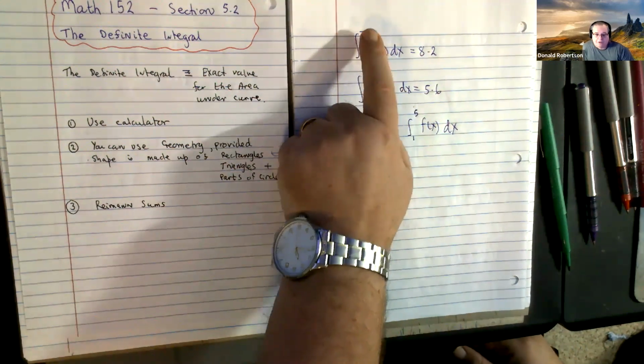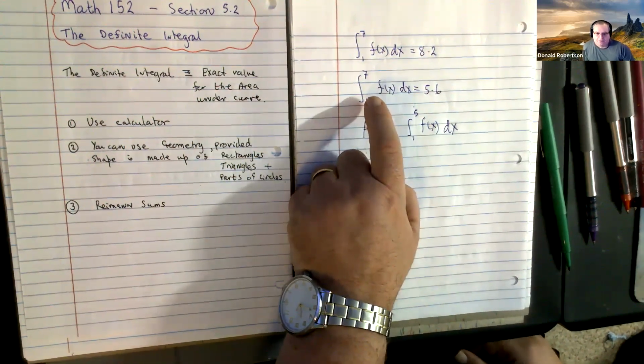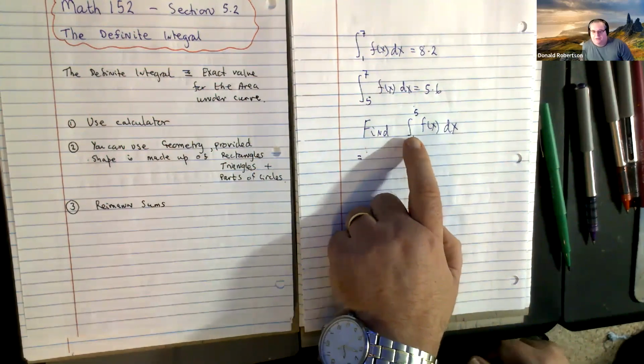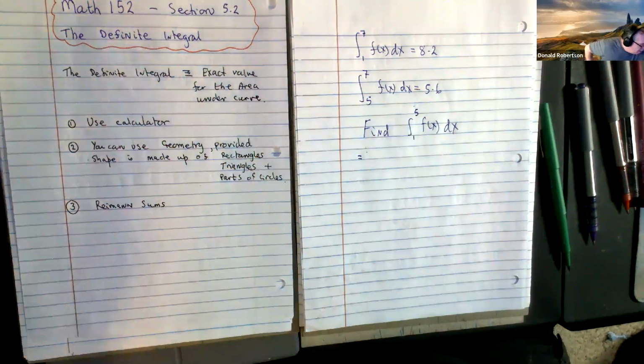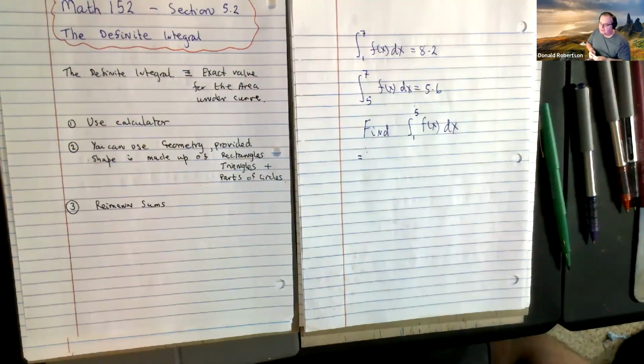I know the area from 1 to 7. I know the area from 5 to 7. How would I find it? How would I find the area from 1 to 5?